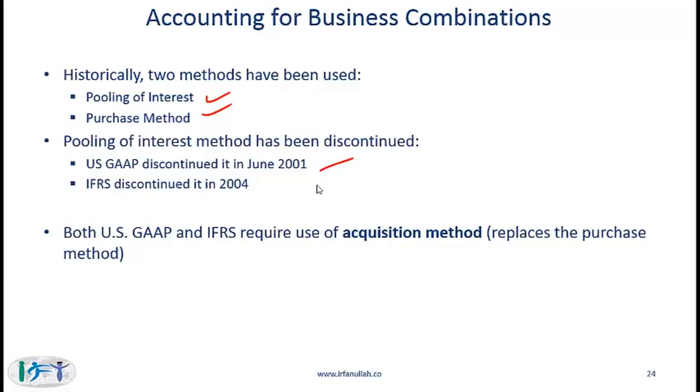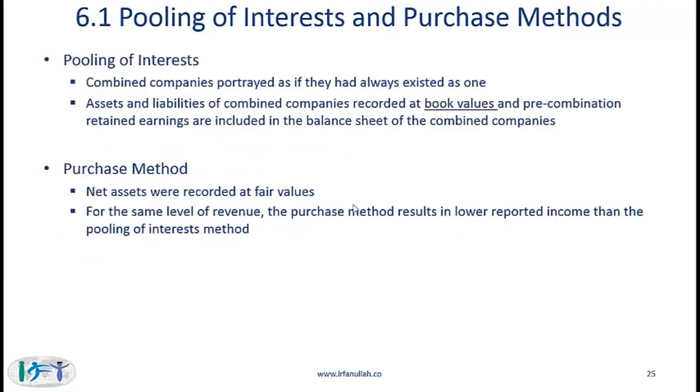This method gave way to the purchase method, and in fact when I took the level 2 exam in 2009, we had to study the purchase method. But now both US GAAP and IFRS require the acquisition method. We'll just say a little bit about these two older methods, and then most of our time will be spent on the acquisition method.